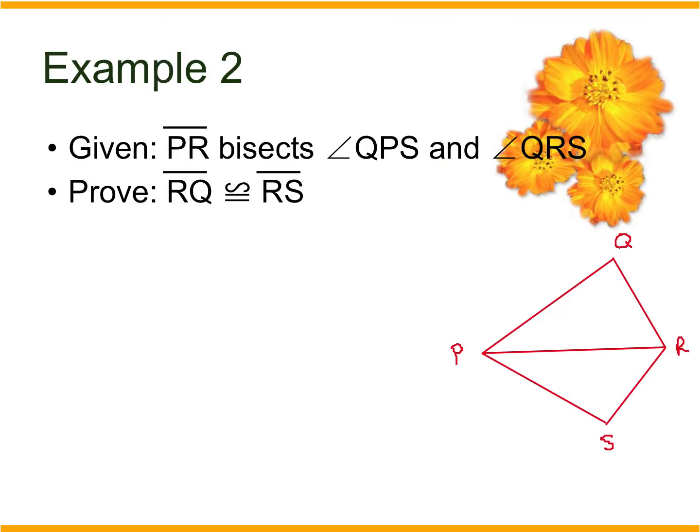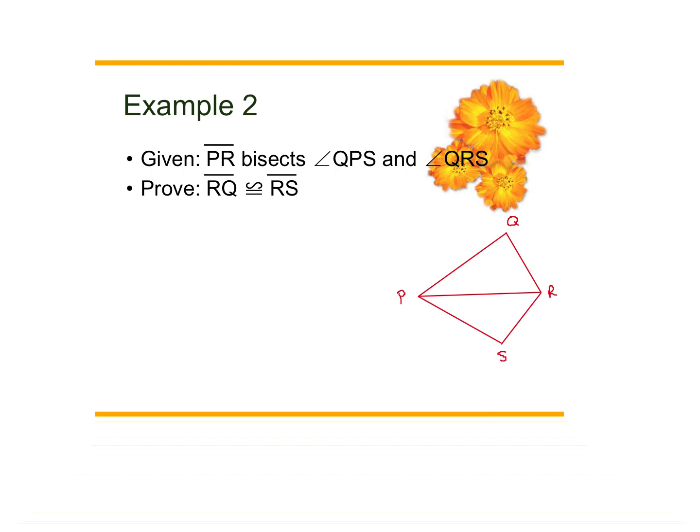All right, looking at this one, it looks very similar to the first one. But they're giving us additional information. So looking at this, again, I'm going to have my statements and my reasons. So I'm just going to go ahead and draw my little T-chart.